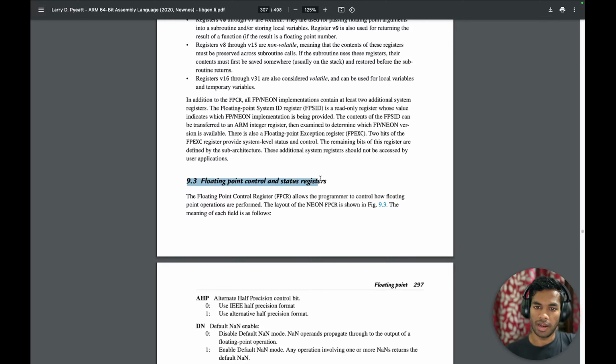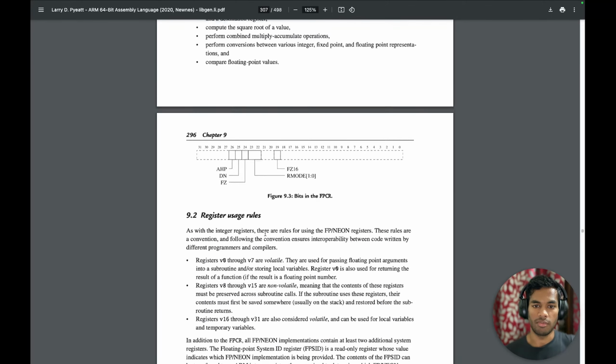Floating point control and status registers. FPCR, the floating point control register, allows the programmer to control how floating point operations are performed. The layout of the Neon floating point control register is shown in figure 9.3. The meaning of each field is as below. This is the register.